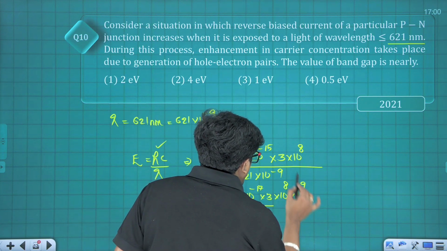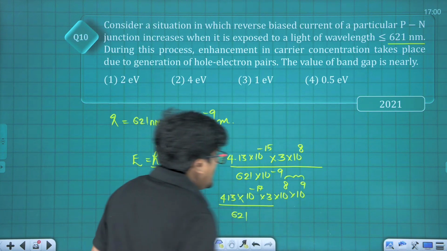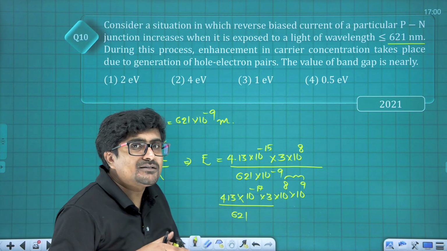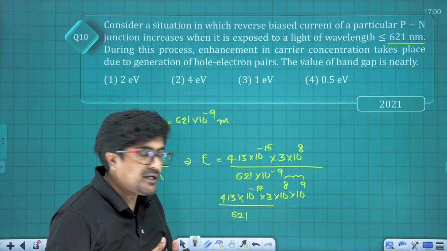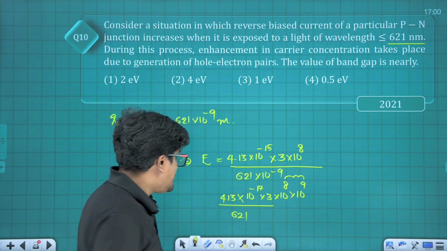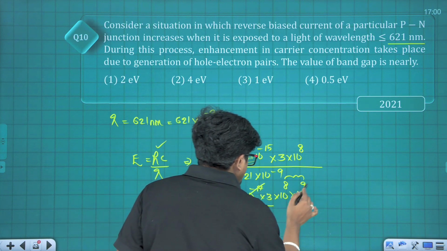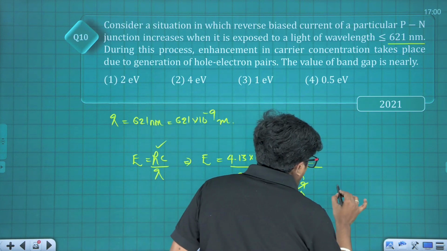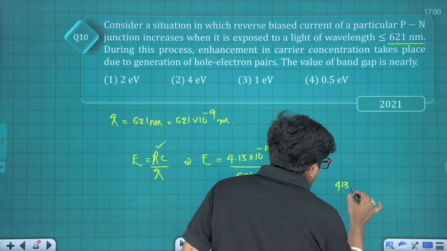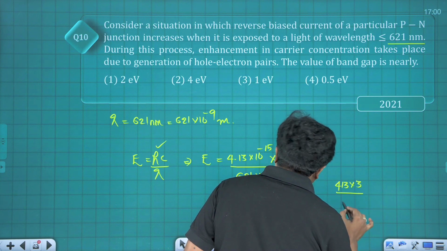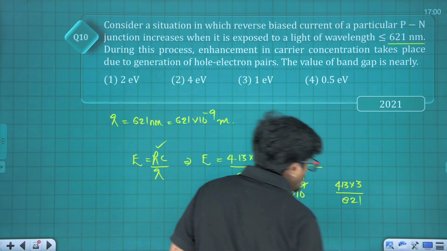Now here have a look. Here this is 8 plus 9, 17, plus 17 minus 17. They will cancel each other. Now I am left with 413 into 3 all divided by 621.